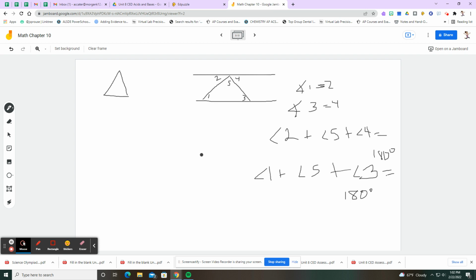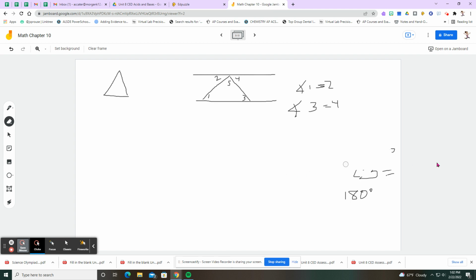So let's look at a couple of examples. All right, so here is a triangle that is listed in your book.